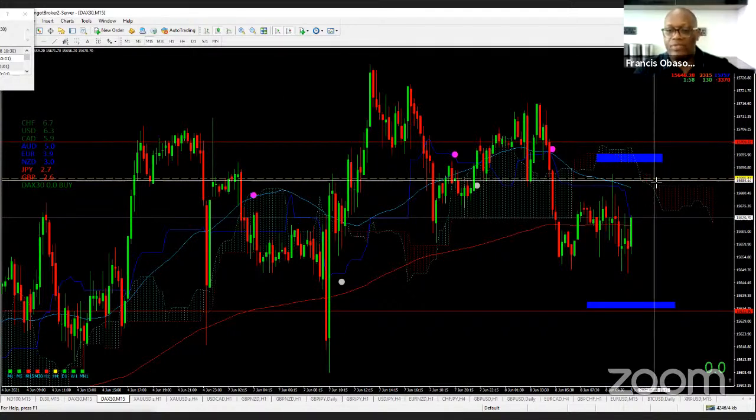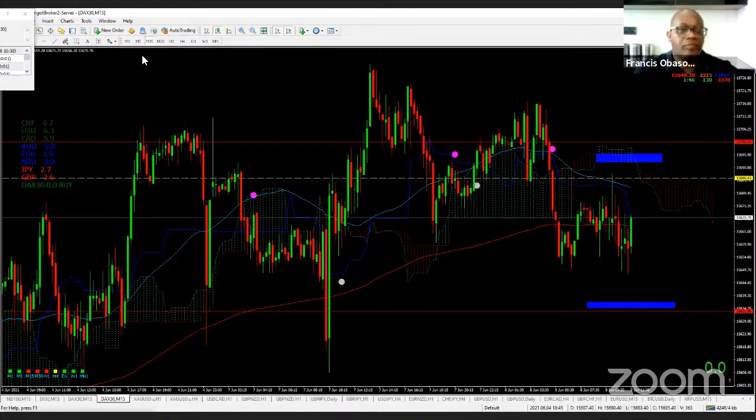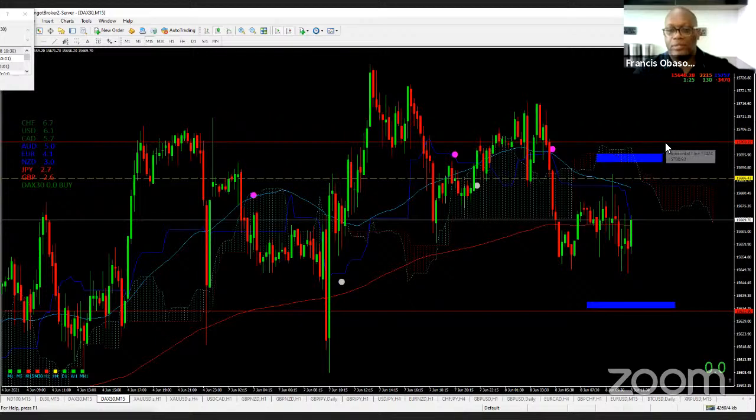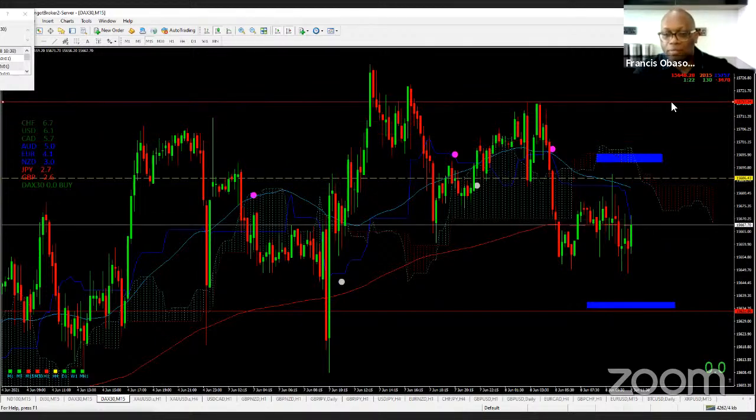This is where I would love to sell the DAX. At least you would have a small stop loss then.